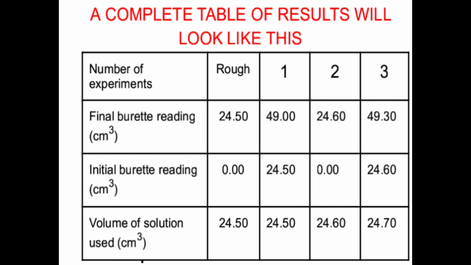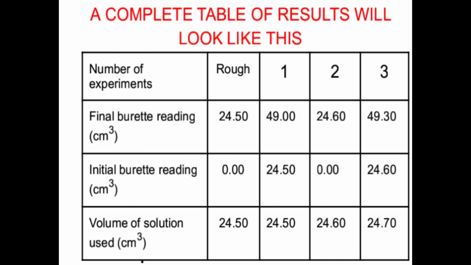Now let us look at the computations. The computations here, they are all subtractions. So which means to get our volume of solution used, we have just subtracted the initial burette volume from the final burette volume. For the rough, we are having 24.50. For the first experiment, we are having 24.50.